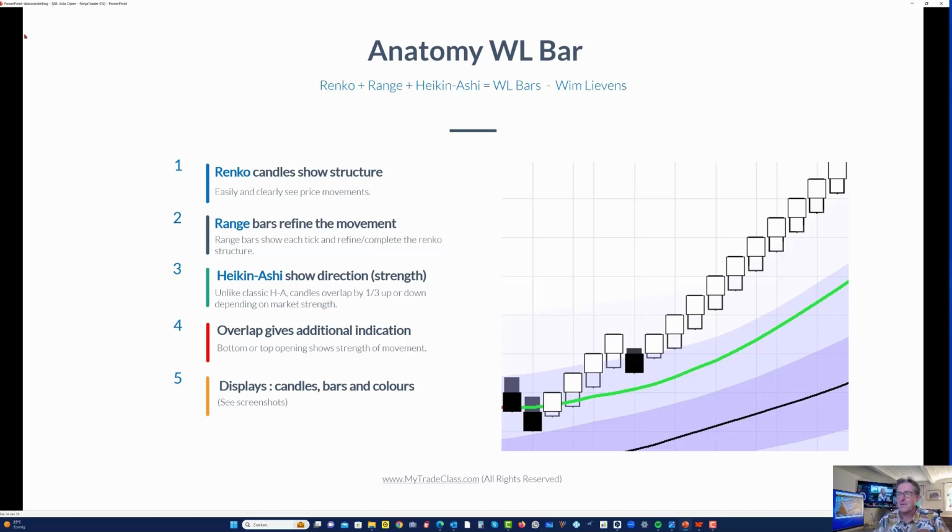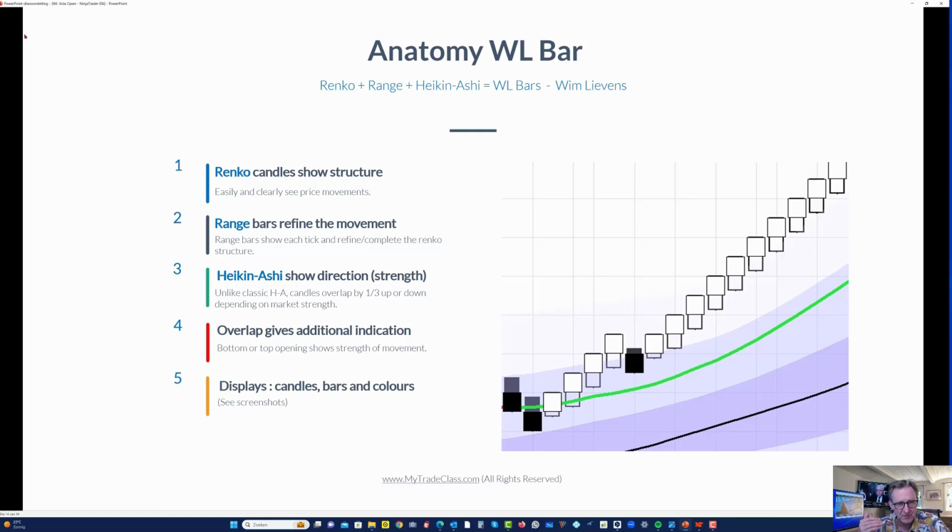But so you actually have a Renko. That is the first bar, and on this Renko we programmed under certain conditions the range bar, giving them the open and Heikin Ashi feature. Most people know that with Heikin Ashi, the open will always be in the middle of the body of the last candle.